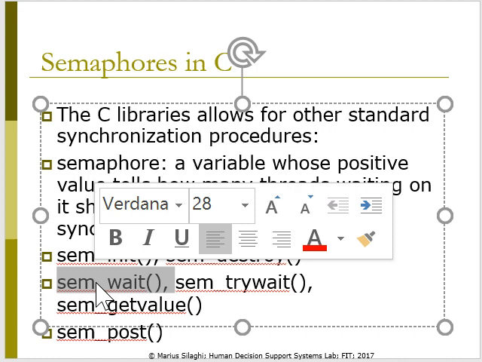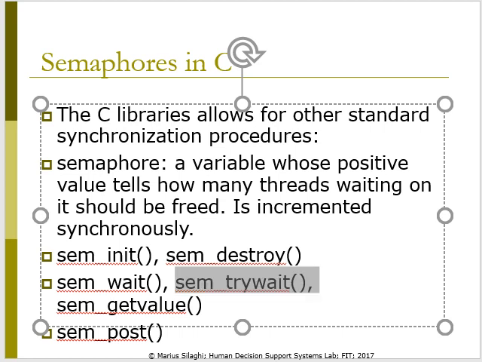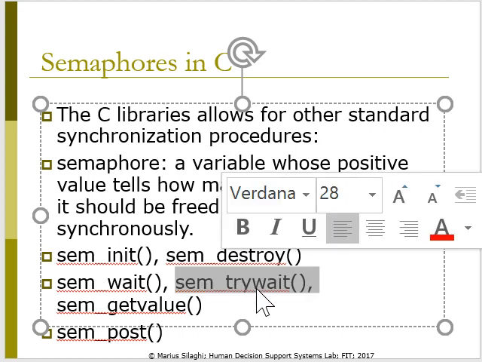In order to decrement the semaphore, one calls semaphore wait. If the semaphore value was not positive, then the thread is put to sleep. To not be put to sleep, one can call try wait, which is non-blocking and returns with an error message if the area was not accessible.